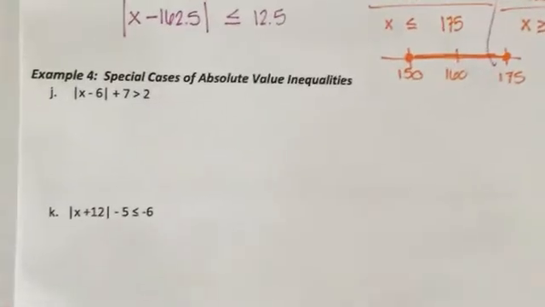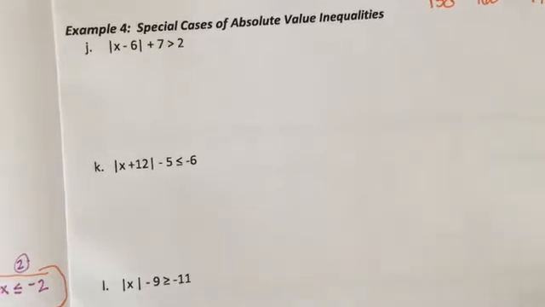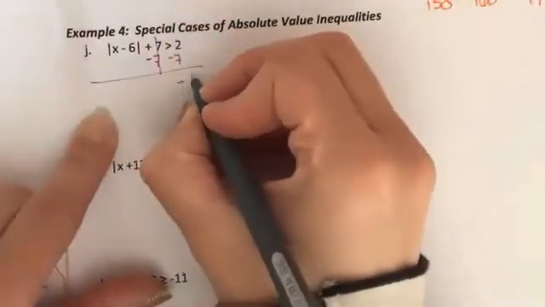Okay. The last type of problem are special cases, because of course we're going to have special situations. And when that happens, this is when you're going to notice it. So when I move this over, I get a negative over here.